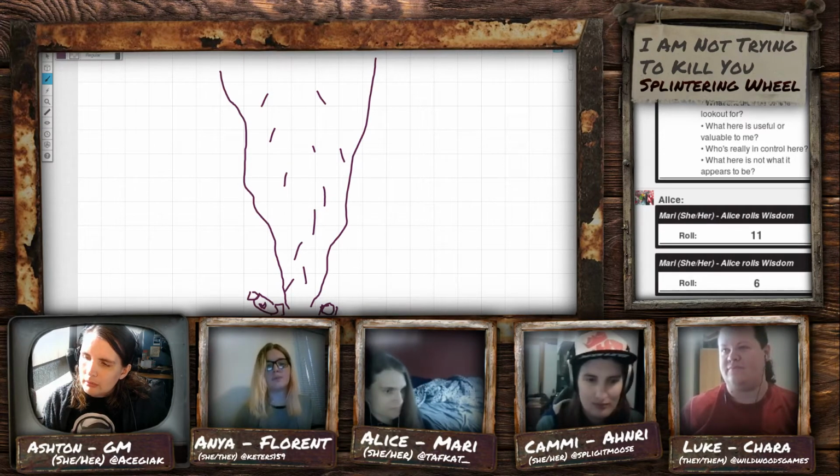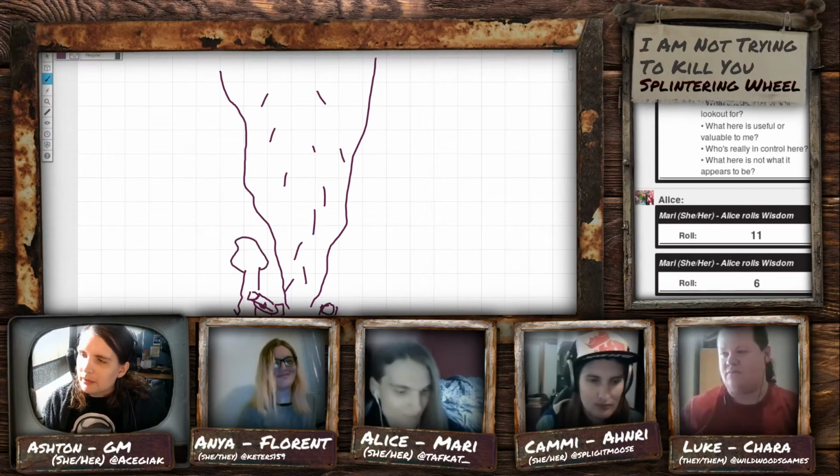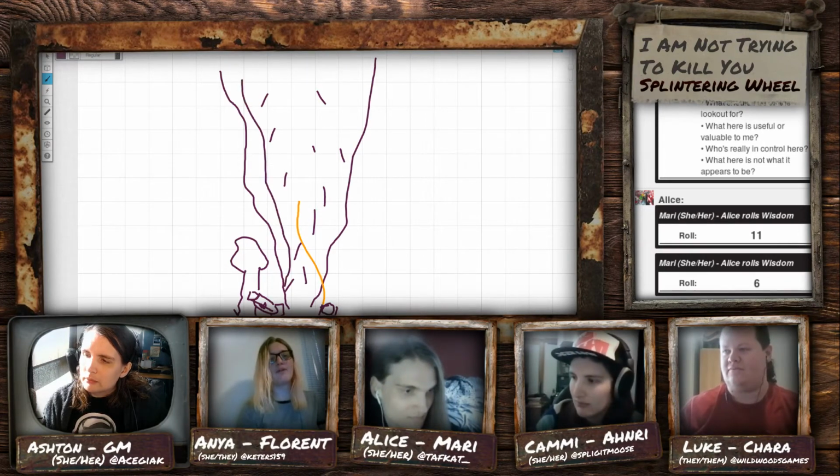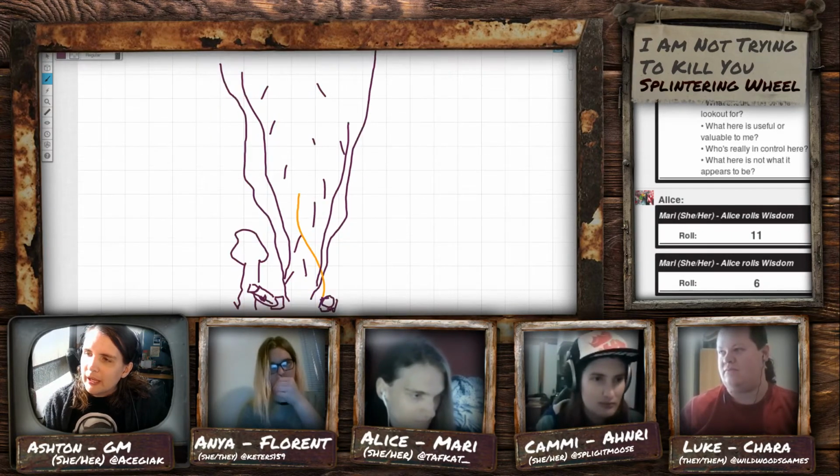So it's like the cavern. I'm confused by this. This is top down. So yeah. But if we were to have a floor of the cavern, the cavern floor is like this direction, right?